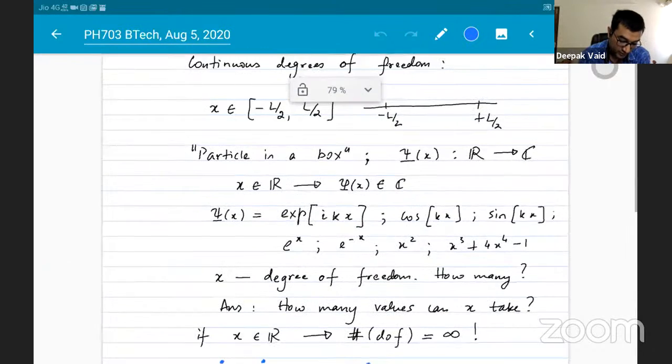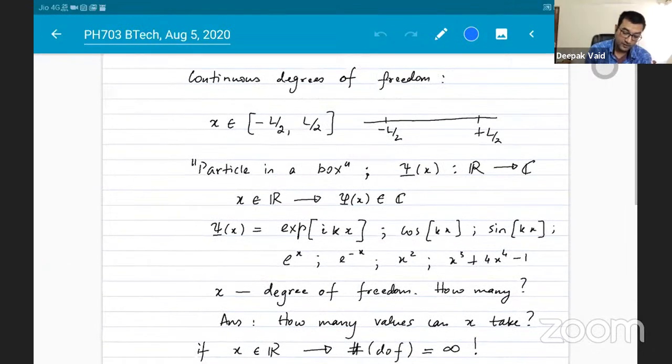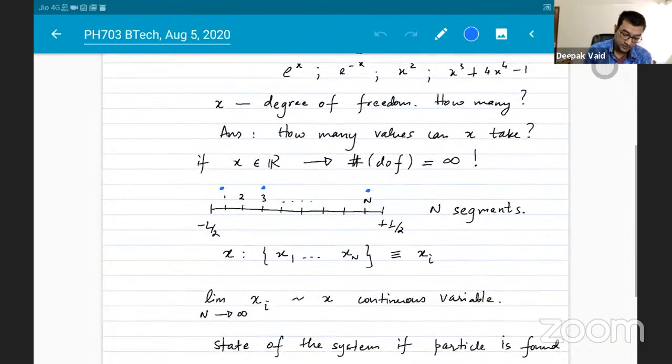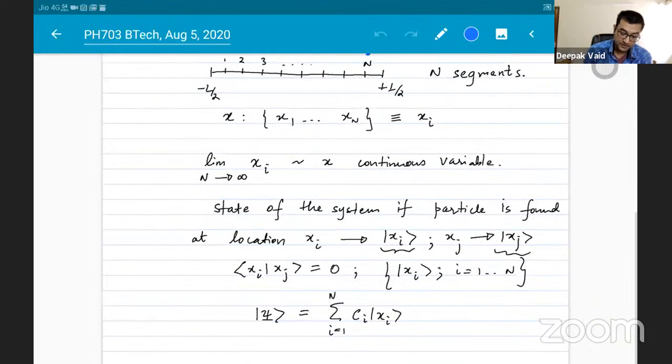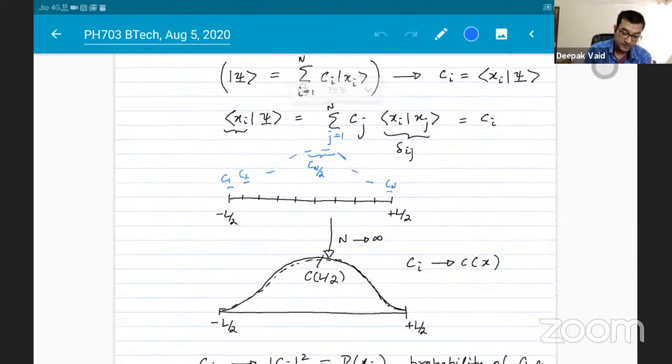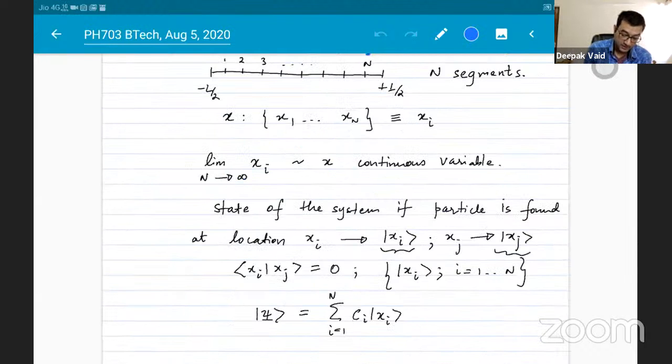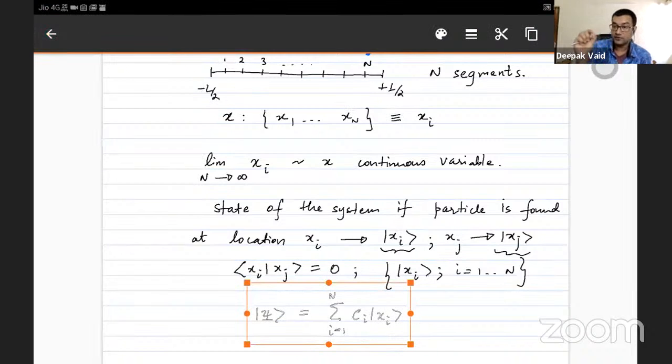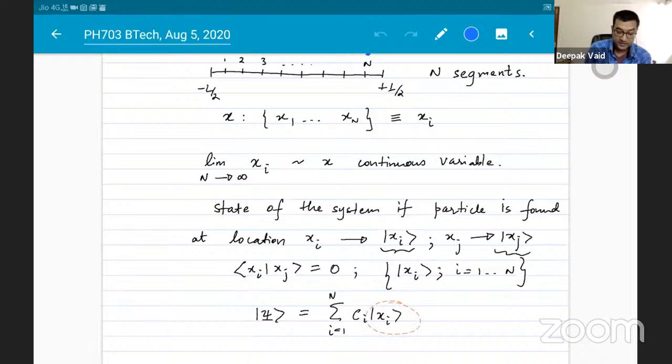that when you talk about continuous degrees of freedom, your state vector becomes an infinite dimensional vector, right? So if I write down a discrete set of points, then each point is a position eigenstate.